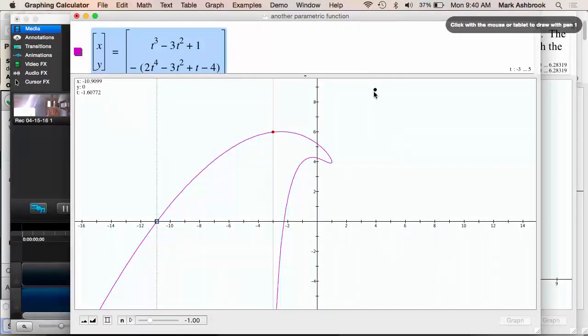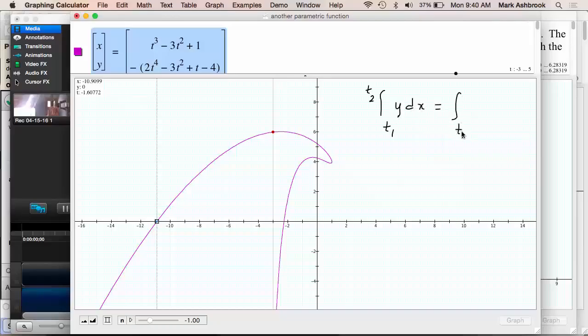So our area is going to be the integral from t1 to t2 of still y dx, but that is the y function with respect to t times f prime of t dt. Okay.